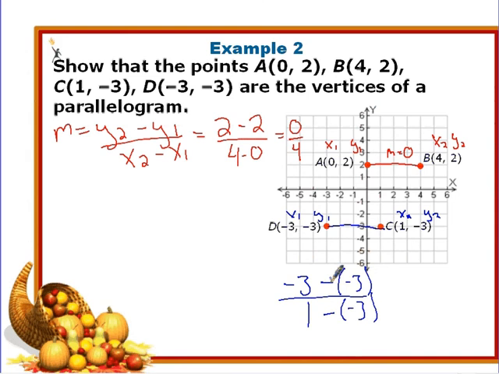Minusing a negative is the same as adding. So -3 plus 3 is 0, and 1 plus 3 is 4. Again, we have a slope of 0 over 4, or just 0. So these two lines have the same slope, so those are parallel. That's good. Make sure you have all this copied down because I'm about to erase.